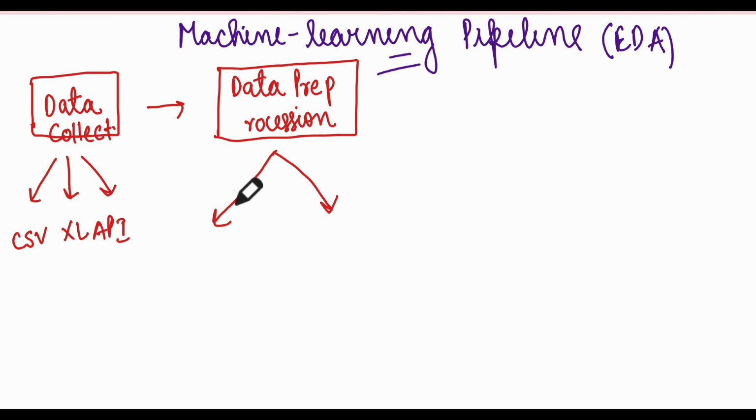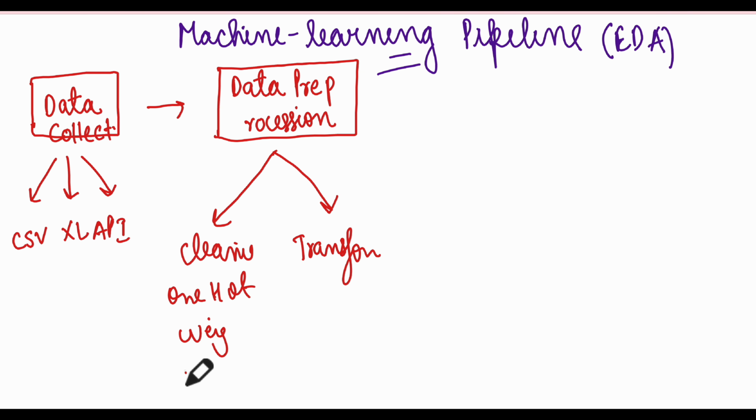There are a lot of steps involved which we will discuss further, but mainly we have to do a lot of data cleaning and data transformation. These are the major challenges that we have to address. Beyond this, you will do one-hot encoding, weight of evidence, and Pearson coefficient. There are a lot of things which go inside this. I'm not discussing everything right now because we'll be covering this in much more detail moving forward.